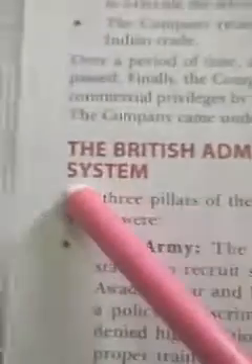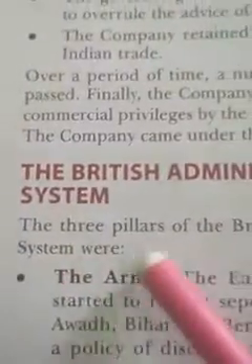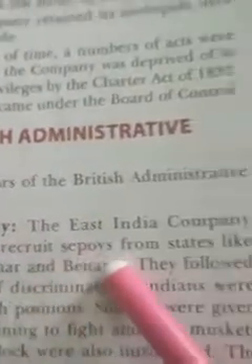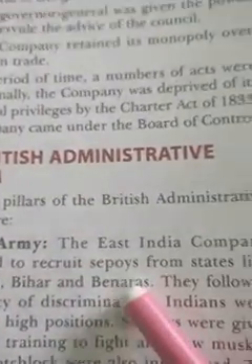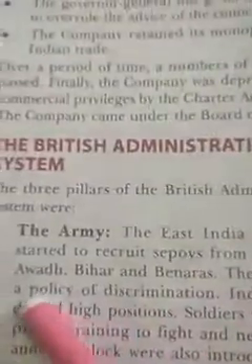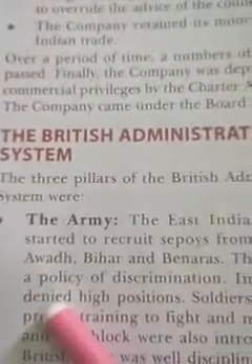The British administrative system. The three pillars of the British administrative system were the army, the police and the civil service. The East India Company started to recruit sepoys from states like Awadh, Bihar and Banaras. They followed a policy of discrimination. Indians were denied high positions.